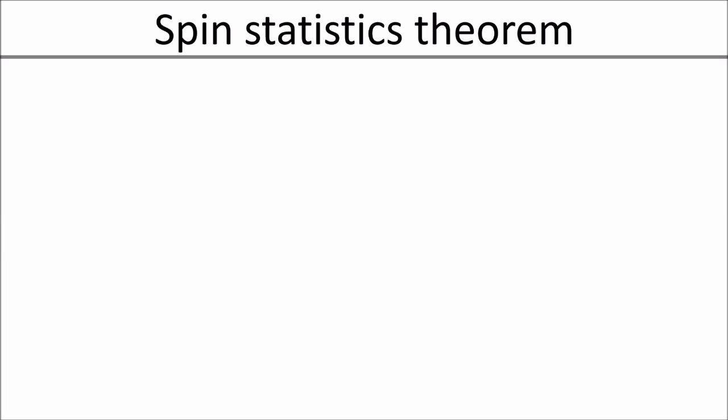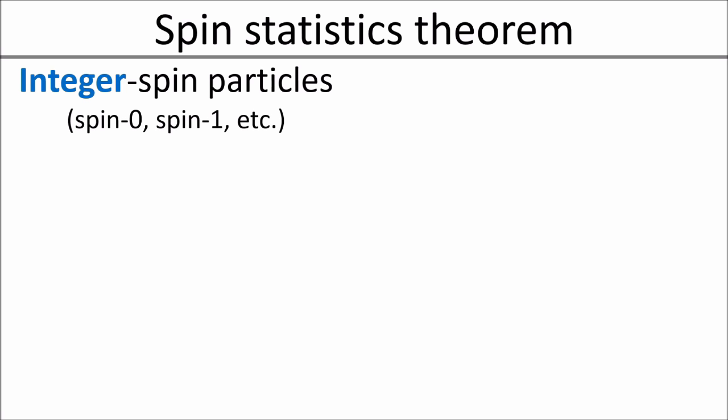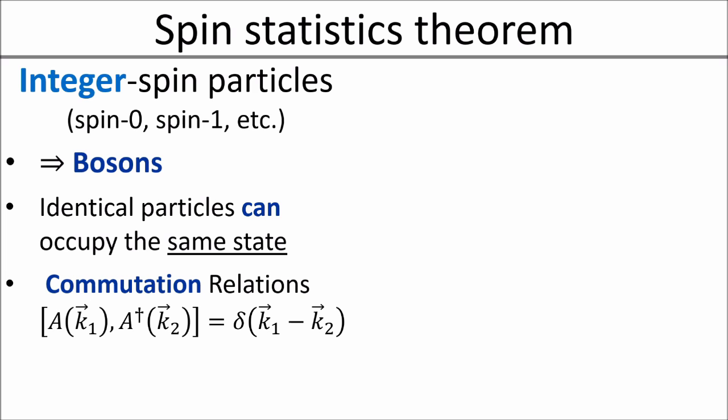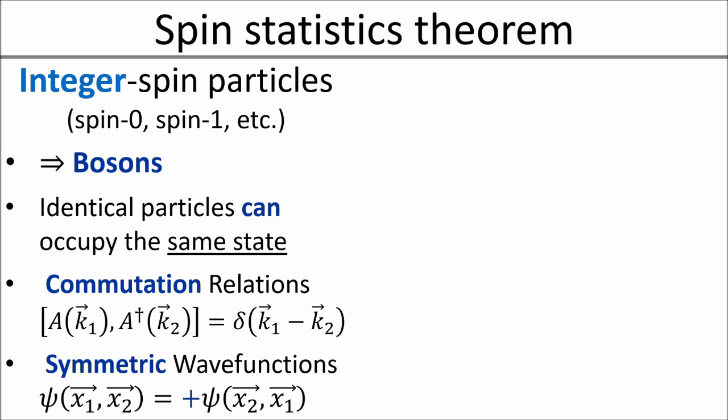One very last thing I want to discuss is the spin statistics theorem. The spin statistics theorem states that integer spin particles, like spin 0 scalars and spin 1 vectors, are always bosons. Bosons have the property that identical particles can occupy the same state. Boson creation and annihilation operators obey commutation relations, and bosonic wave functions are symmetric under the exchange of two identical particles, so swapping the particles results in the same wave function value.